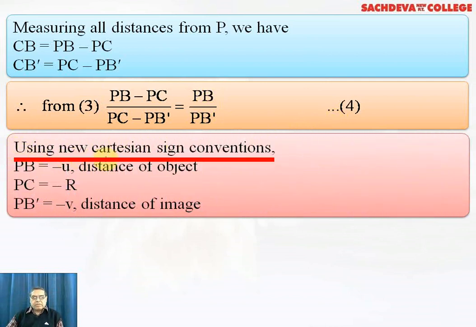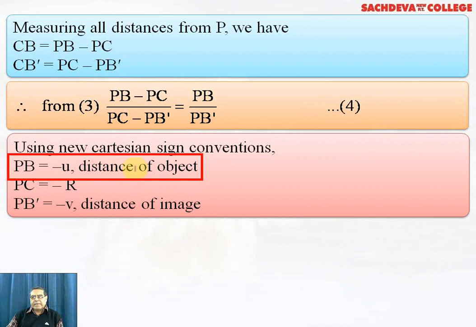Now using the Cartesian sign convention, which I have already discussed, all the distances which we take towards the left side will be taken as negative and towards the right side of the mirror will be taken as positive. Therefore, according to the diagram indicated earlier, PV is taken as minus U because it is towards the left.